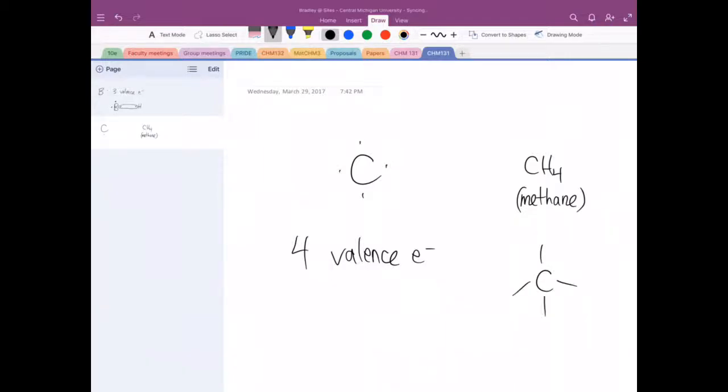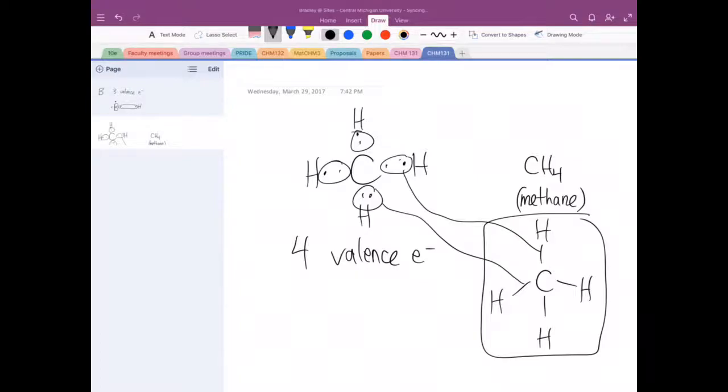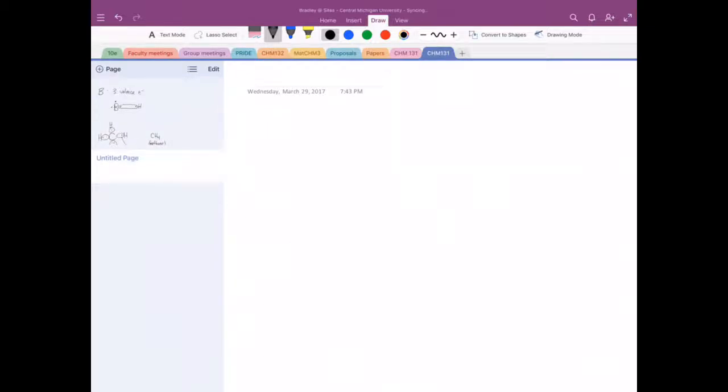We'll talk about shapes later, but we can just indicate it as this, where you have 4 bonds. Again, this would bond to 4 hydrogens, where you have these as the separate lines.